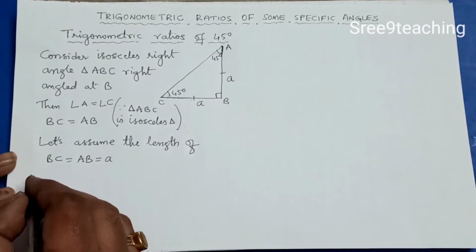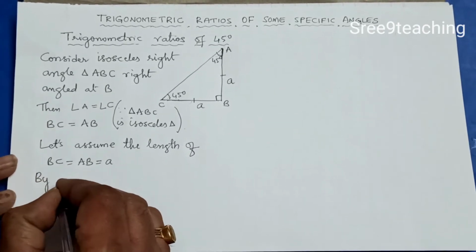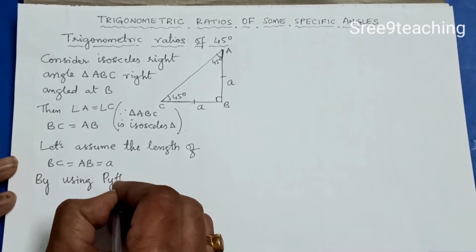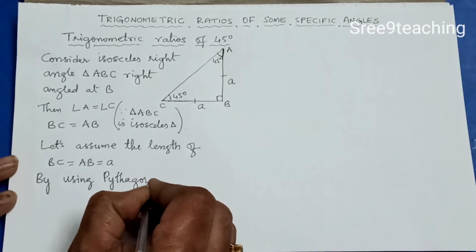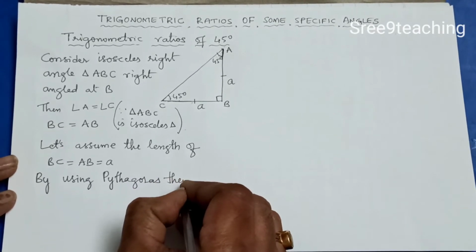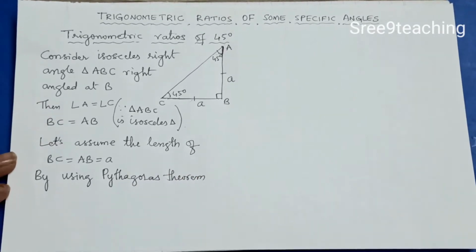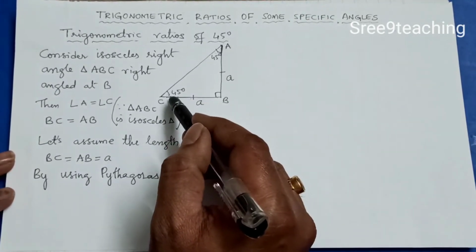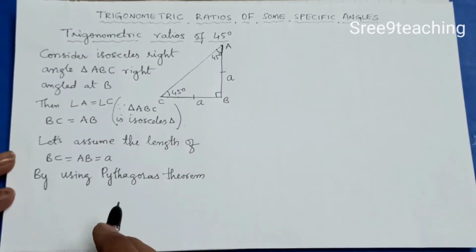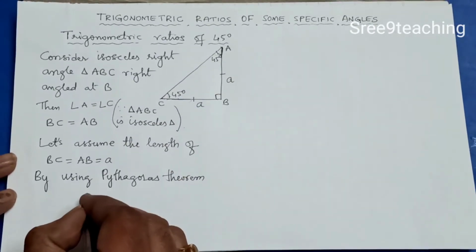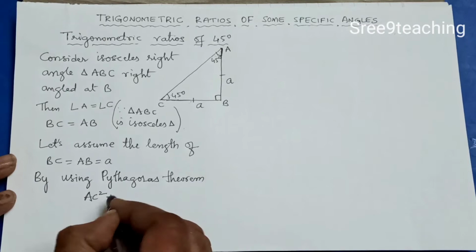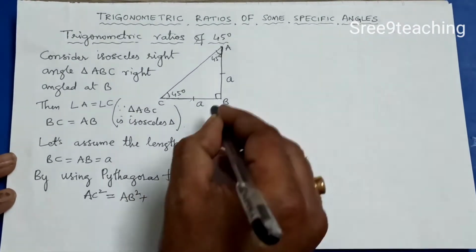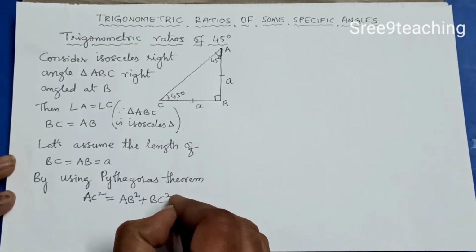Yes, by using Pythagoras theorem. What is Pythagoras theorem? The square of the hypotenuse is equal to the sum of the squares of the remaining two sides. That is AC square is equal to AB square plus BC square, right?